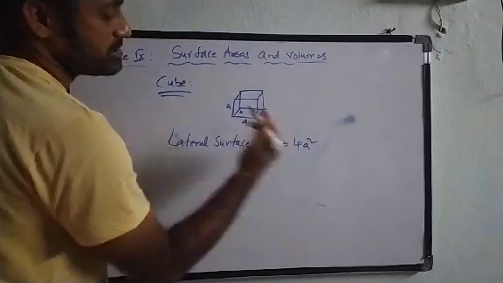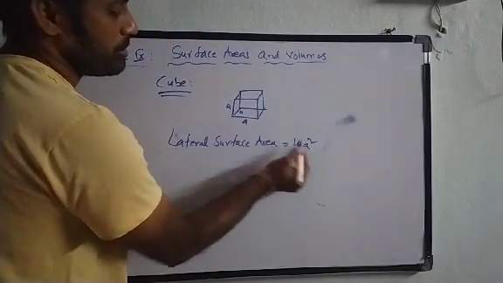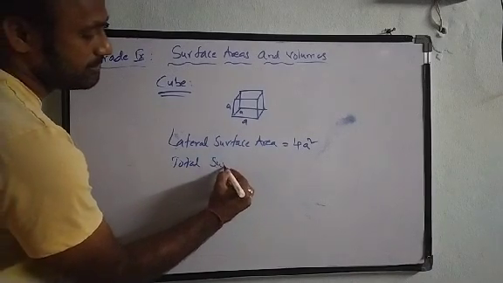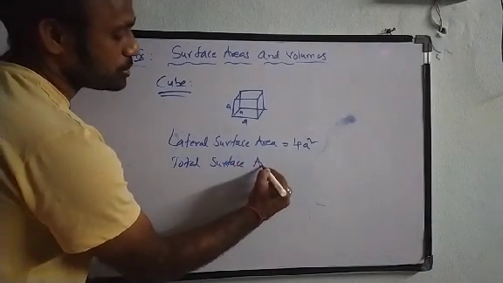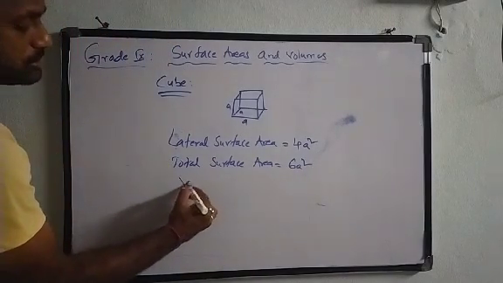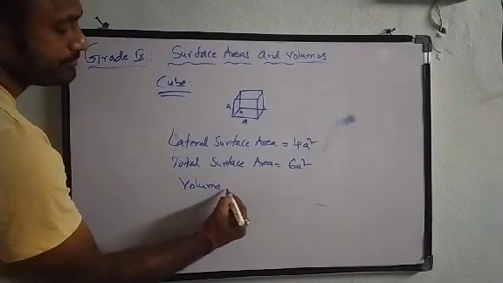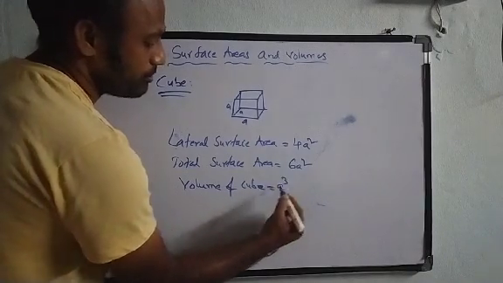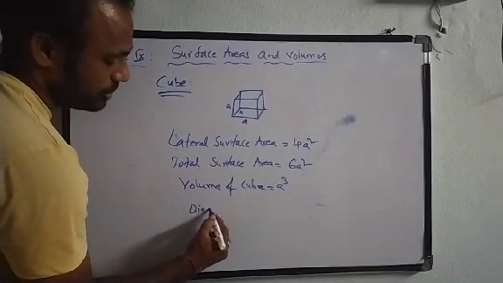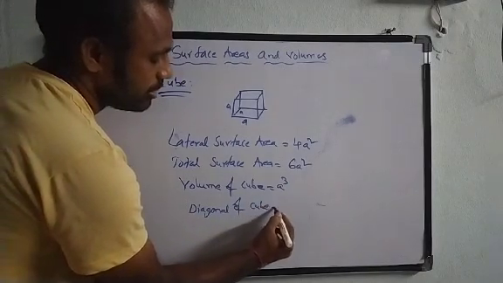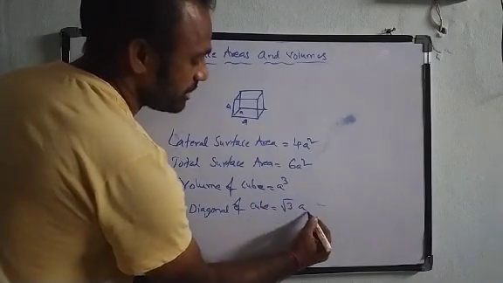Why? Because four sides, all are squares; length into breadth will be a square. Next, total surface area: we need to include top and bottom, so totally it will become 6 faces, so it will be 6a square. Volume of the cube will be a cube. Next, the diagonal of the cube, which is root 3 into a.